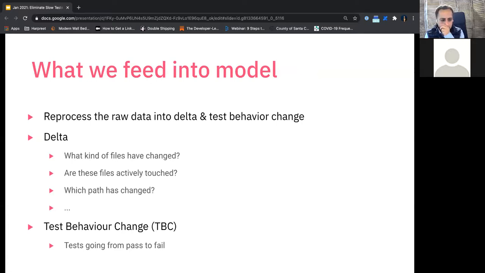The second thing that we look at is test behavior changes. This test was passing in the past, now it has flipped to fail, or it was failing in the past and has flipped to pass. We look at those, and we ask the model to produce this correlation.